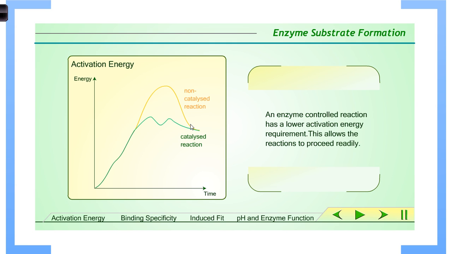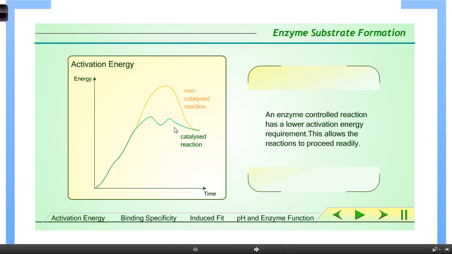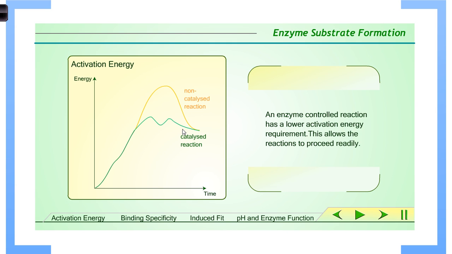What an enzyme does is it provides an alternative reaction pathway. That means the reaction occurs slightly differently, and that alternative pathway may take less activation energy. So what do we mean by an alternative reaction pathway? Often a reaction may involve a series of steps.